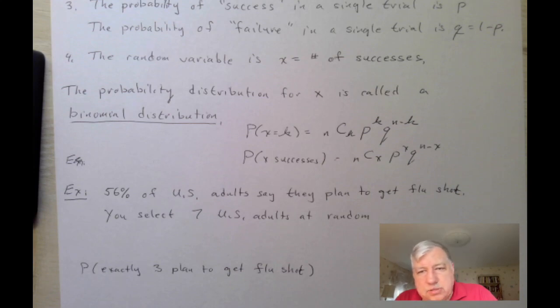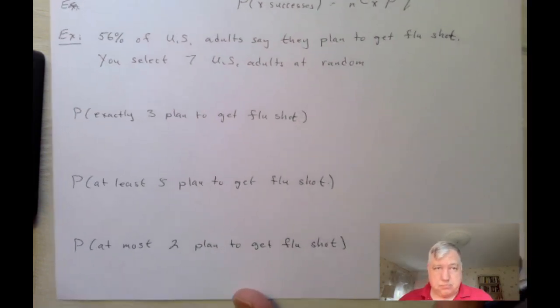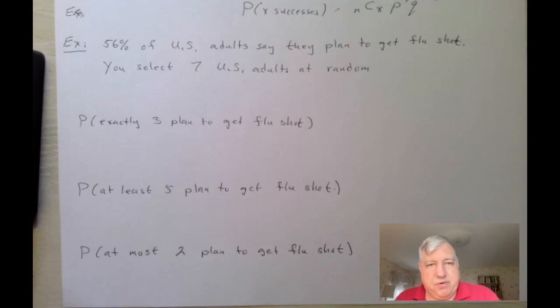So now let's see if we can get the entire distribution, and then from there we can answer some other questions. In this next example, we have 56% of U.S. adults say they plan to get the flu shot, and you select 7 U.S. adults at random. Again, we're going to allow the possibility you might select the same person more than once, even though in reality you never would.